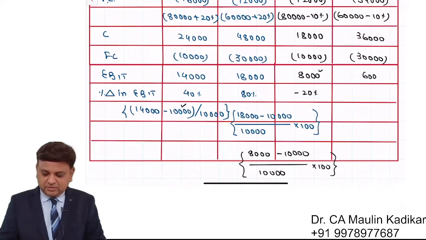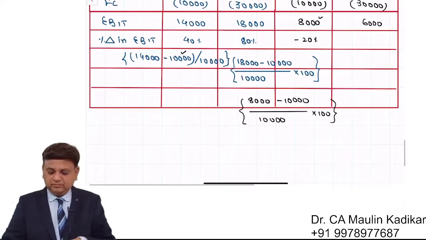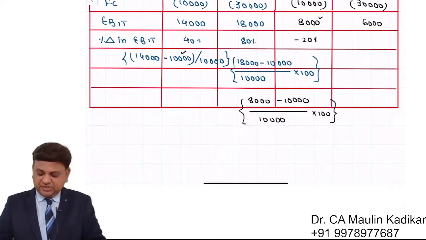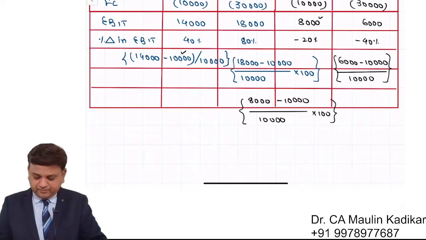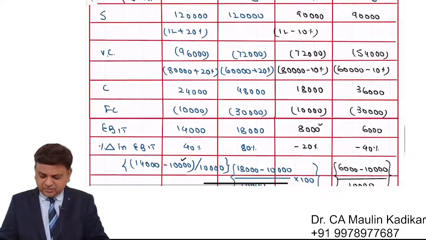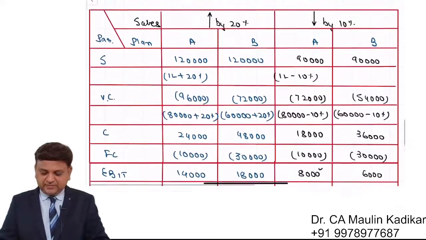EBIT will be 6,000. As far as the percentage change in EBIT is concerned, it is 6 minus 10 divided by 10 into 100. So there is a reduction in the operating income by 40%. So these are the values that we are able to calculate as a part of the answer.